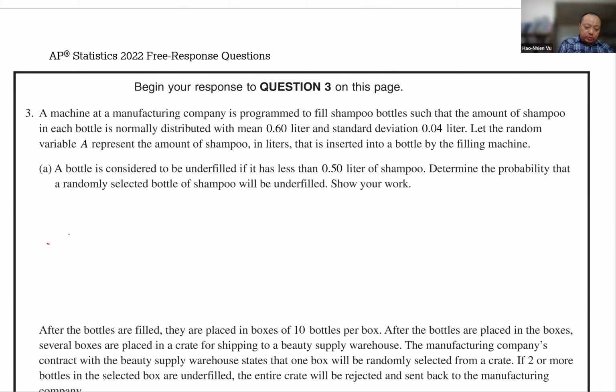So we have a normal distribution of the variable A, with a mean of 0.6 and a standard deviation of 0.04. And we're looking for an underfilled bottle, so less than 0.5. So we're looking for this area. This area is the probability of being underfilled.